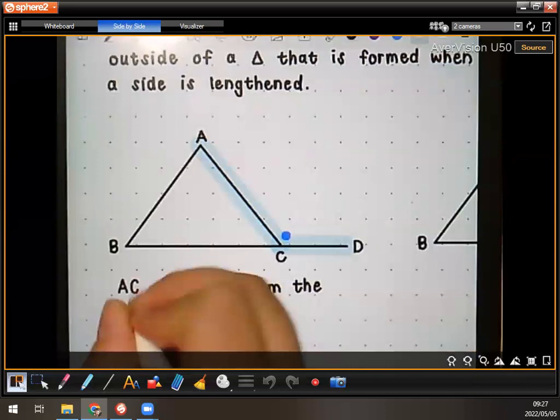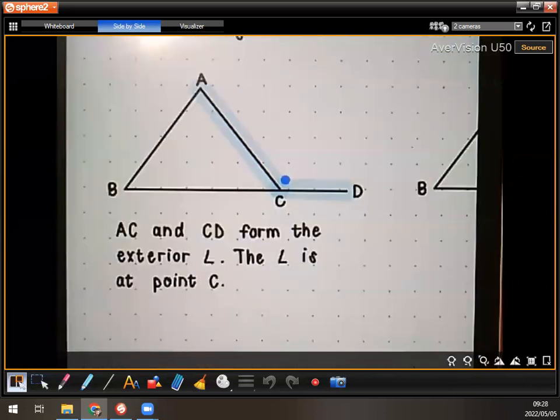Now you're going to have to look at the sides that form that angle. So please use a highlighter or something if you have. Just highlight the 2 lines that actually form that exterior angle. So we are highlighting AC and CD. I'm going to write that underneath.